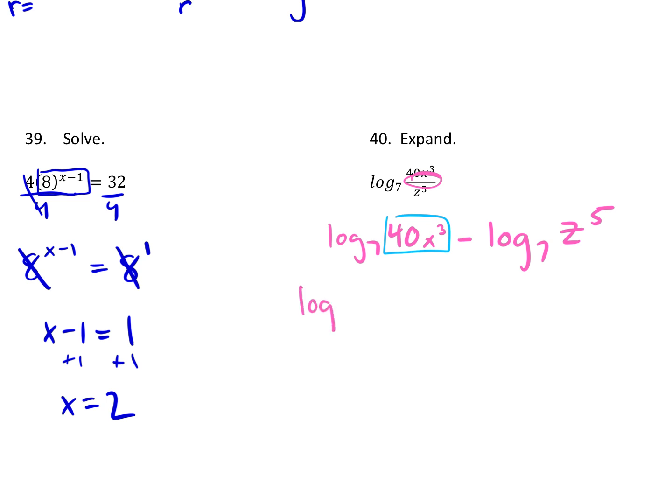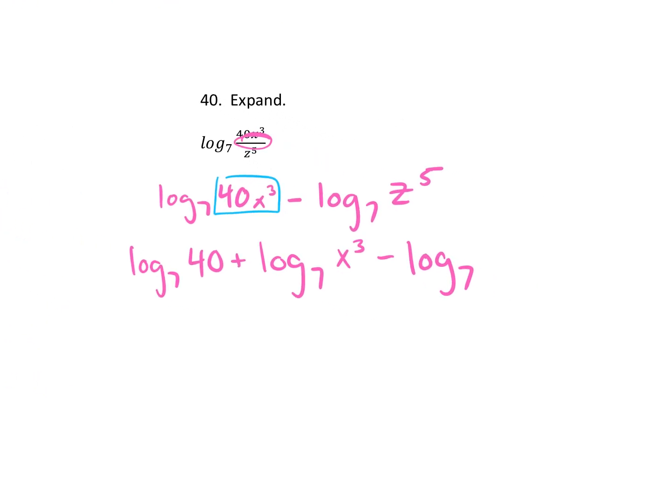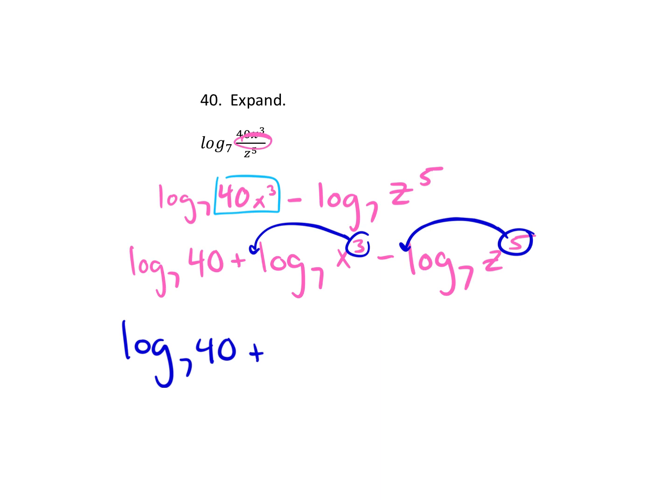Addition. So log base 7 of 40 plus log base 7 of x to the 3rd power minus log base 7 of z to the 5th power. And then what would I do with the exponents? I'd put them right in front of the logs that they are attached to. So my final answer would be log base 7 of 40 plus 3 log base 7 of x minus 5 log base 7 of z.